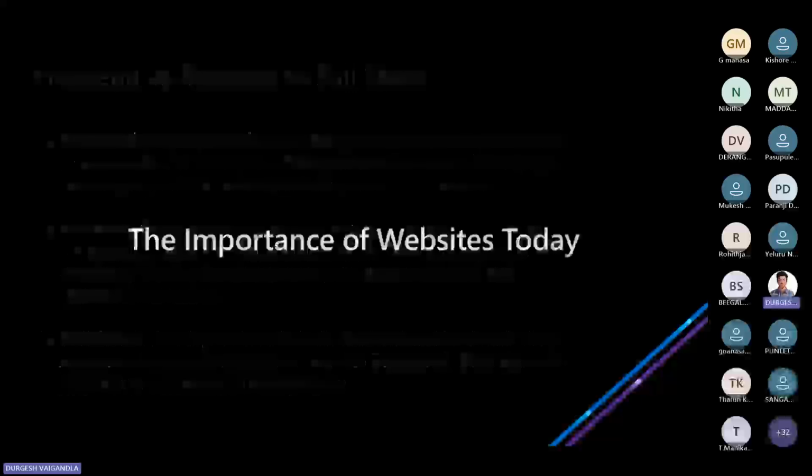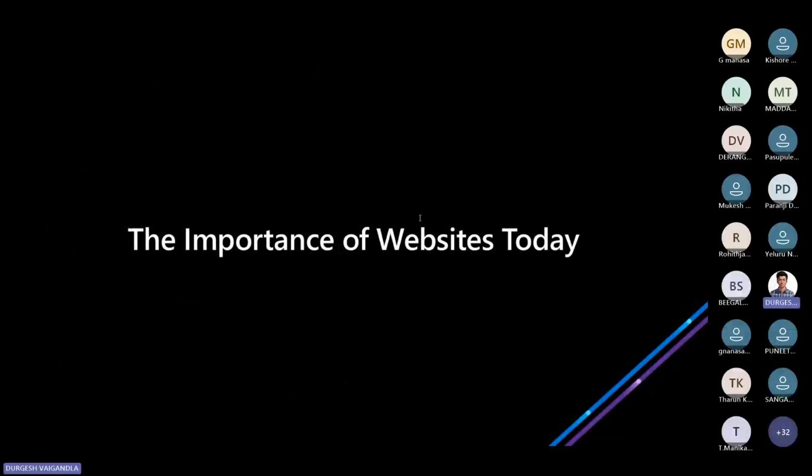Coming to the importance of websites today. See, for a real-time example, I'm a person who lives in Andhra Pradesh. There is a university in Tamil Nadu or wherever, the famous LPU university, whatever the thing is, it's somewhere in India. I'm somewhere in India. If I want to know about that university, how will I know?